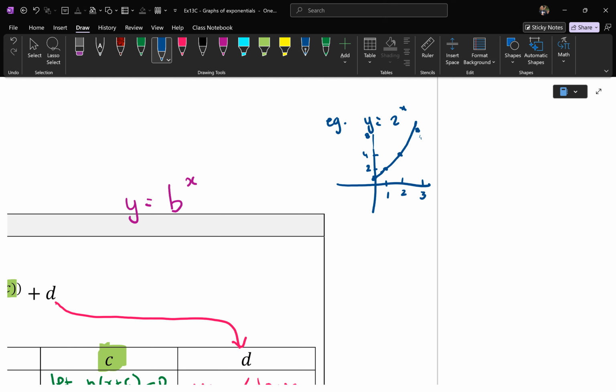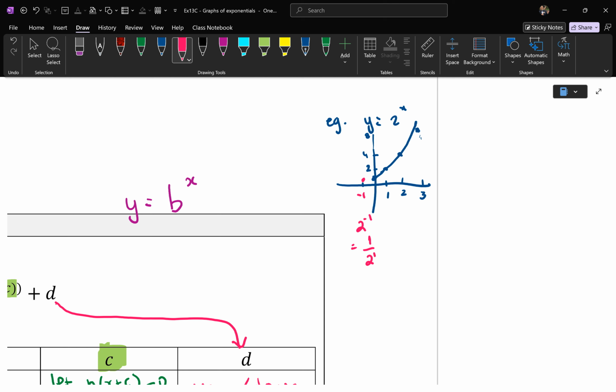What happens when you go to the negative? Well, let's have a think. When it's negative 1, that's 2 to the power of negative 1. But your index law number 7, which is from yesterday's lesson, what's 2 to the power of negative 1 the same as? Half. It's 1 over 2 to the 1.